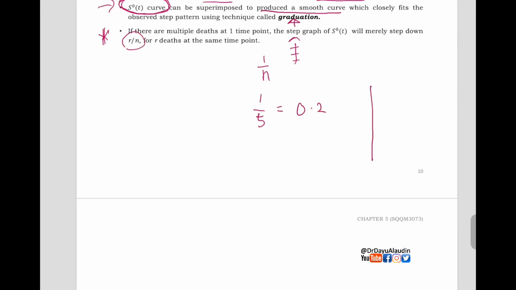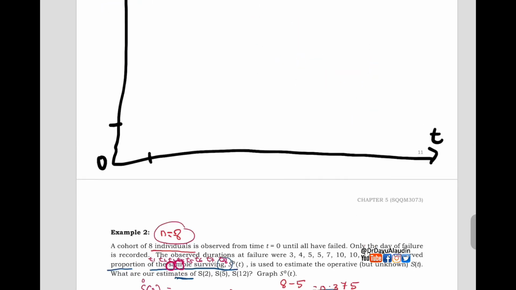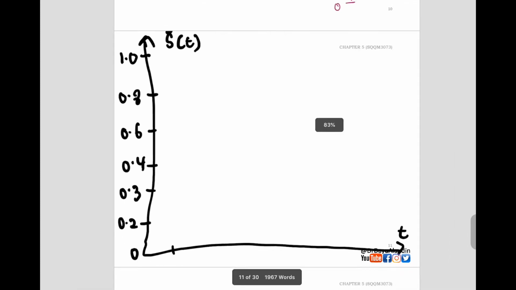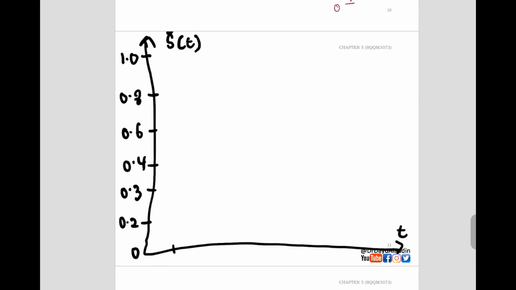So our y-axis starts from 0 and then 0.2, 0.4. So the interval must be 0.2. The y-axis goes from 0.2 until 1. The y-axis is the observed proportion surviving to time t, and the x-axis is t.